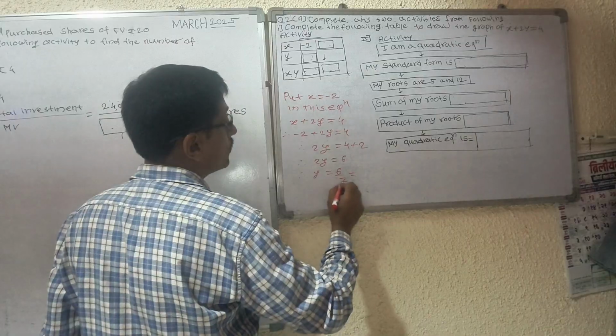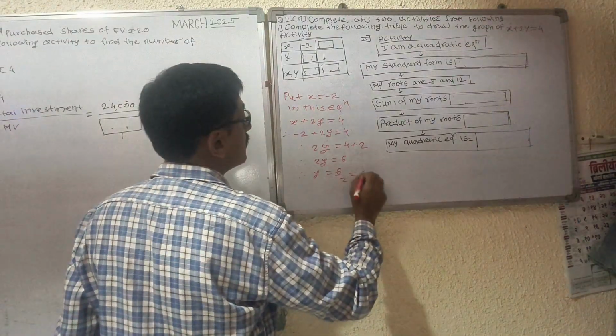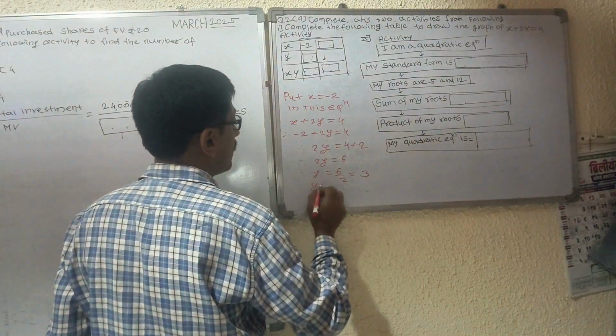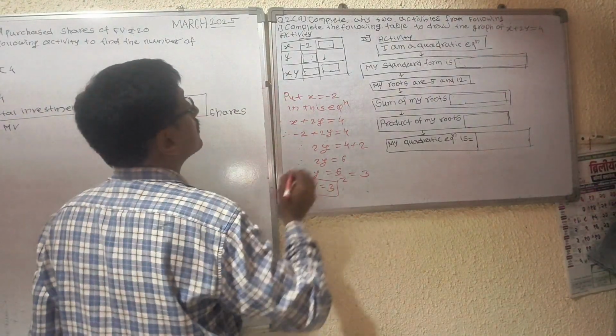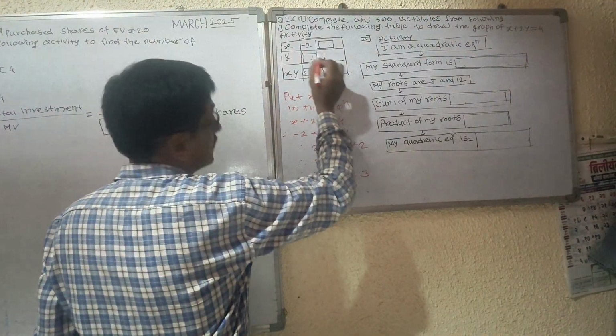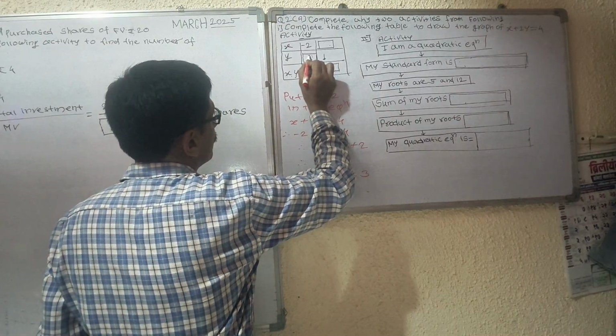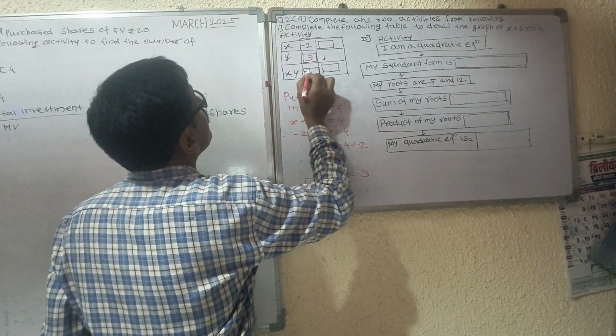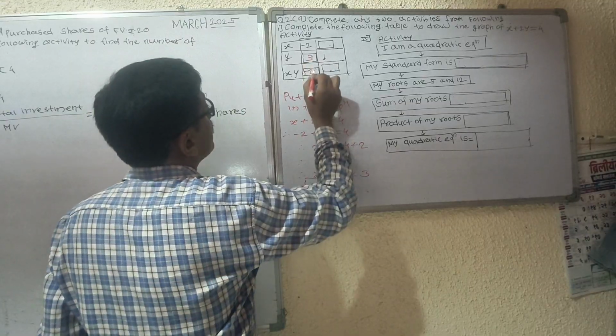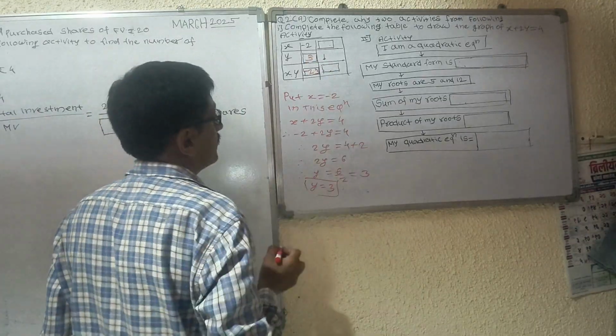We get the answer 2 1 is 2, 2 3 is 6. We get y is equal to 3. Here we write in the table y is equal to 3. x is minus 2, y is 3.